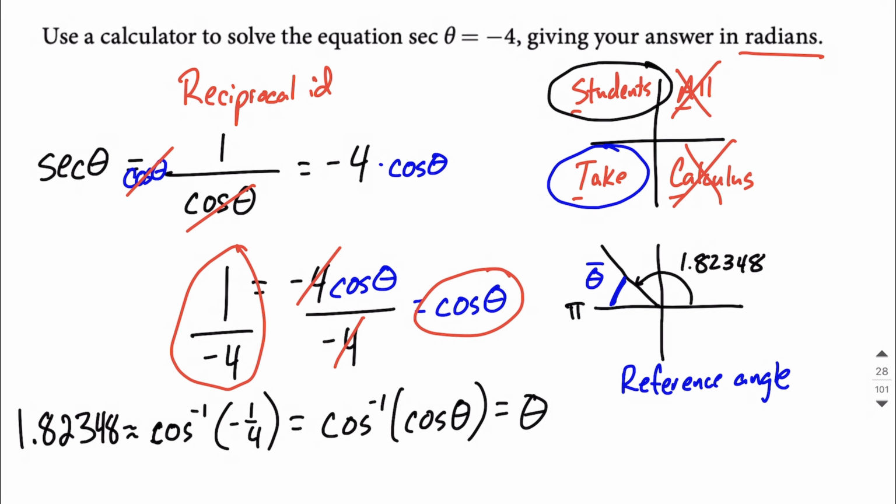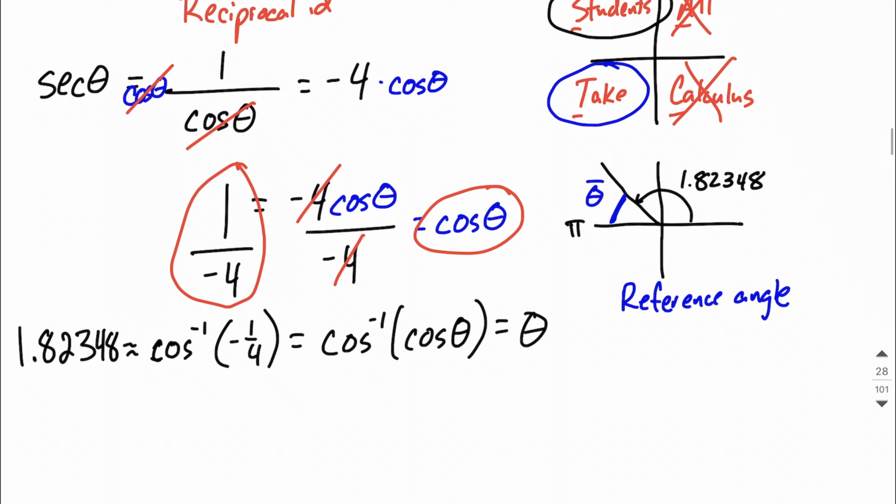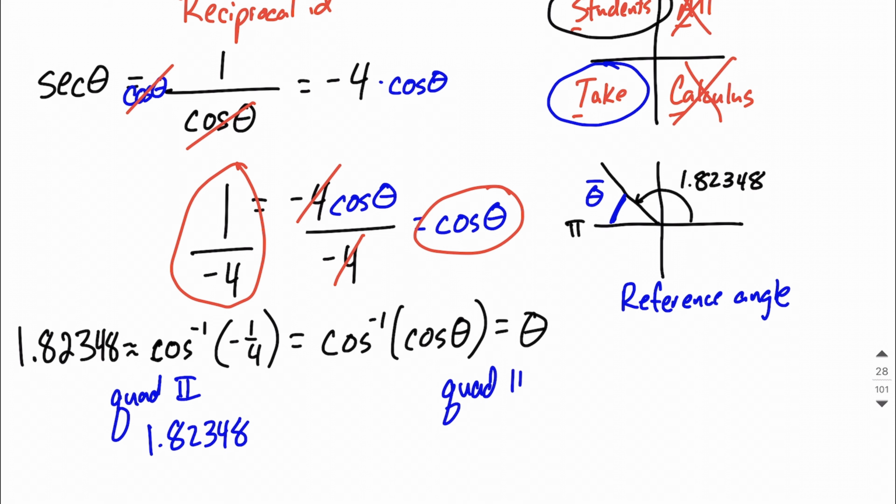So we've got our quadrant 2 angle, 1.82348. We can also get a quadrant 3 angle by using that reference angle in the third quadrant. That quadrant 3 angle is going to be given by starting with pi, going halfway around the circle, and then going an additional reference angle past that.